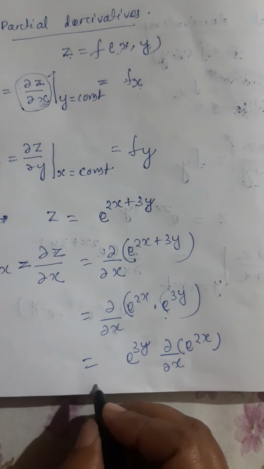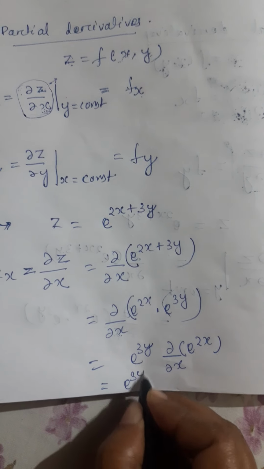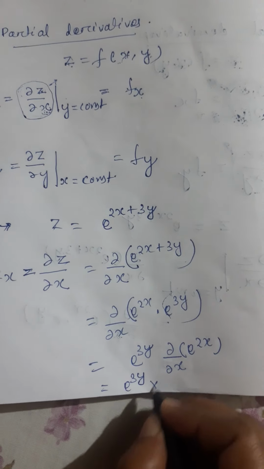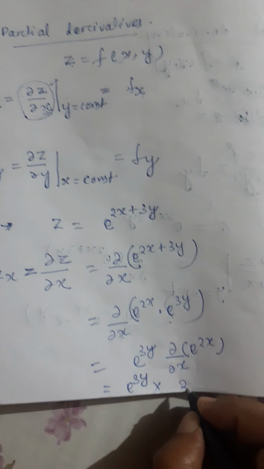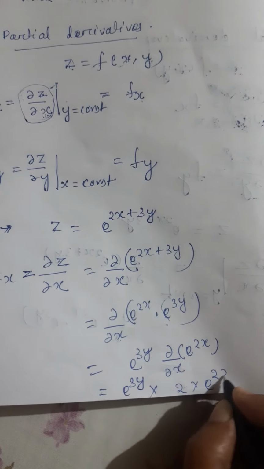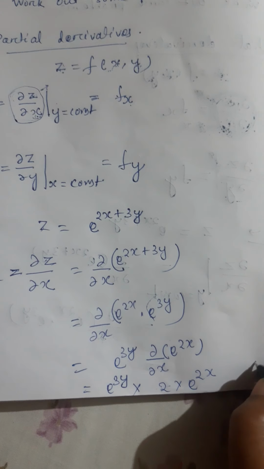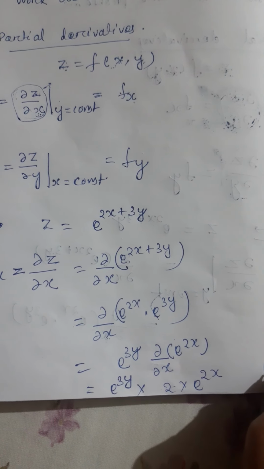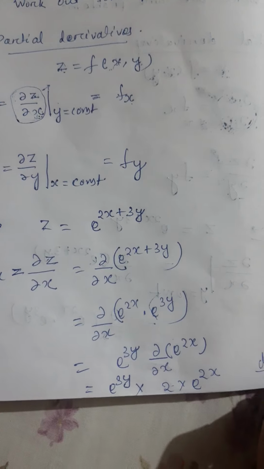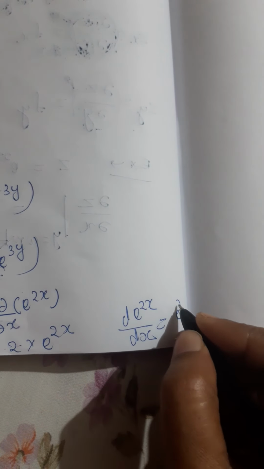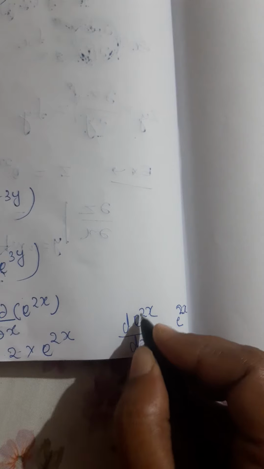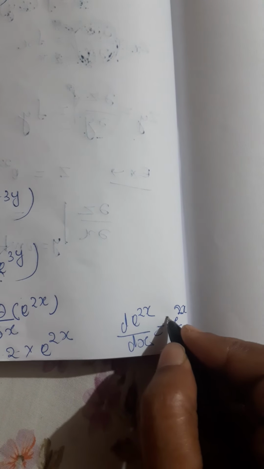Then what is that? The derivative of e to the power 2x with respect to x is nothing but 2 into e to the power 2x. The derivative of e to the power x is e to the power x, so the derivative of e to the power 2x is e to the power 2x; just multiply the coefficient of x here.